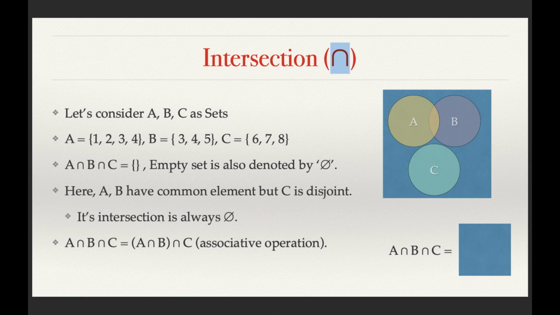A intersection B means all the common elements that are in A and B. If there are three sets like A, B, and C, then the common elements should be in all three. Then that can be said to be the intersected element.